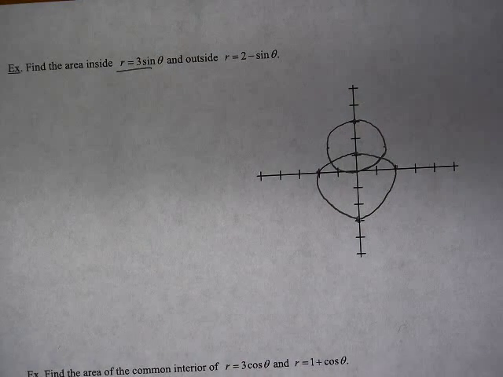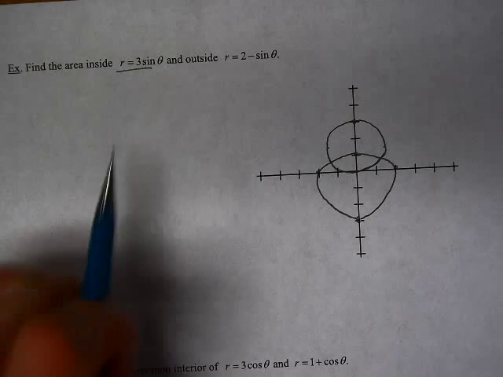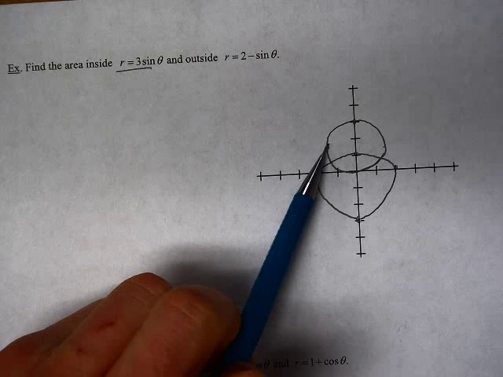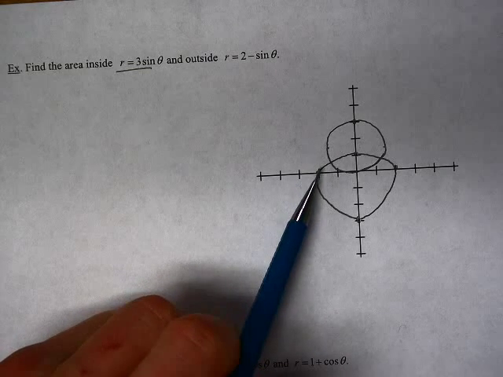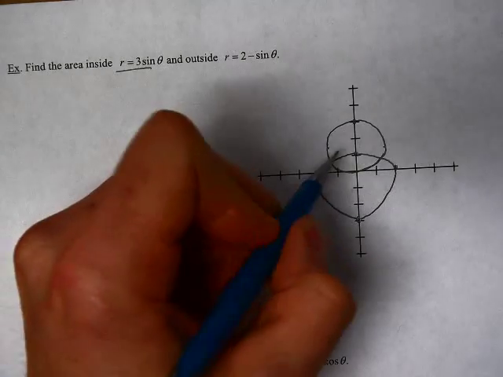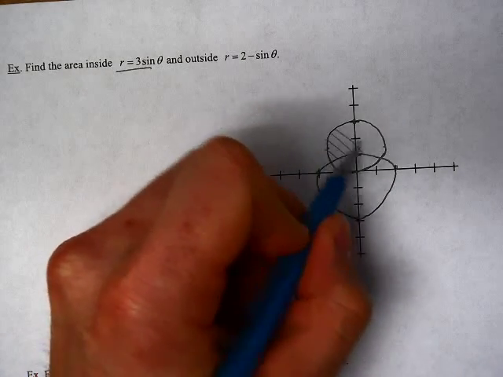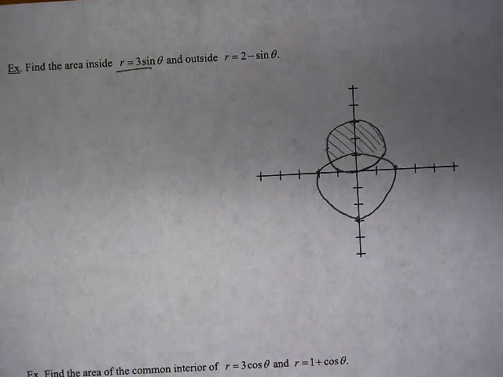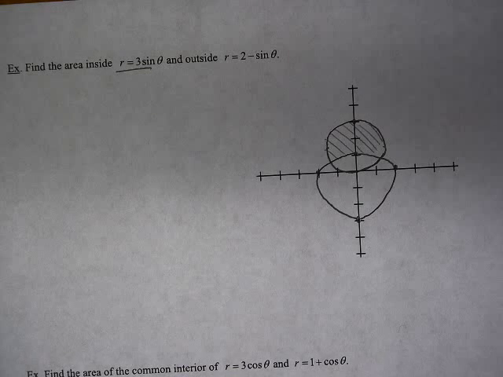Alright, so we want to know the area that is inside the circle but outside the limacon. So we're going to find this area right here, that shaded region.